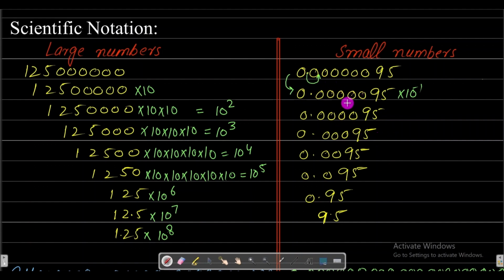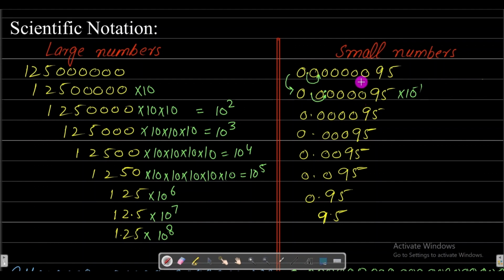And similarly, if we increase this number 10 times more, then for that we will multiply 10 with this. If we multiply 10 here, then this point will be shifted here. Okay, now this point will be here. So on the right side of the point, we will have 1 2 3 4 zeros. So the same scenario is present here. On the right side of this point, we will have 4 zeros.